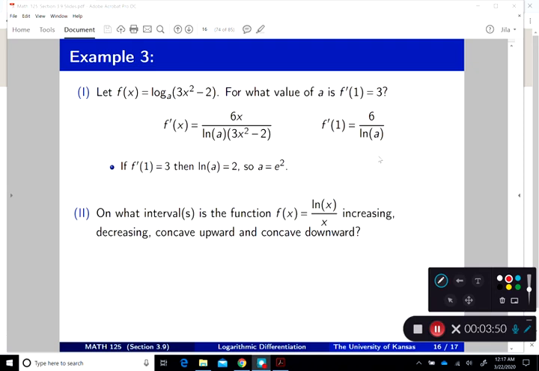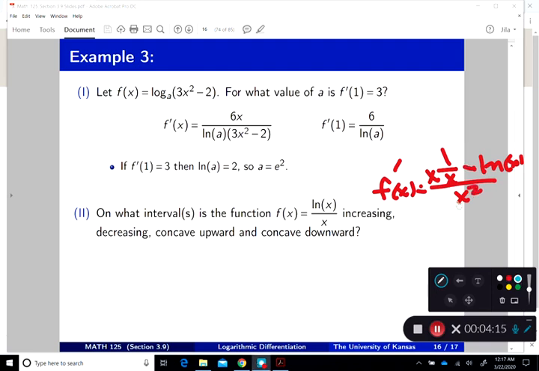So the first thing that I do is I take the derivative. And when I take the derivative, it's the low times the derivative of high minus high times the derivative of low, and divided by the low to the power 2.